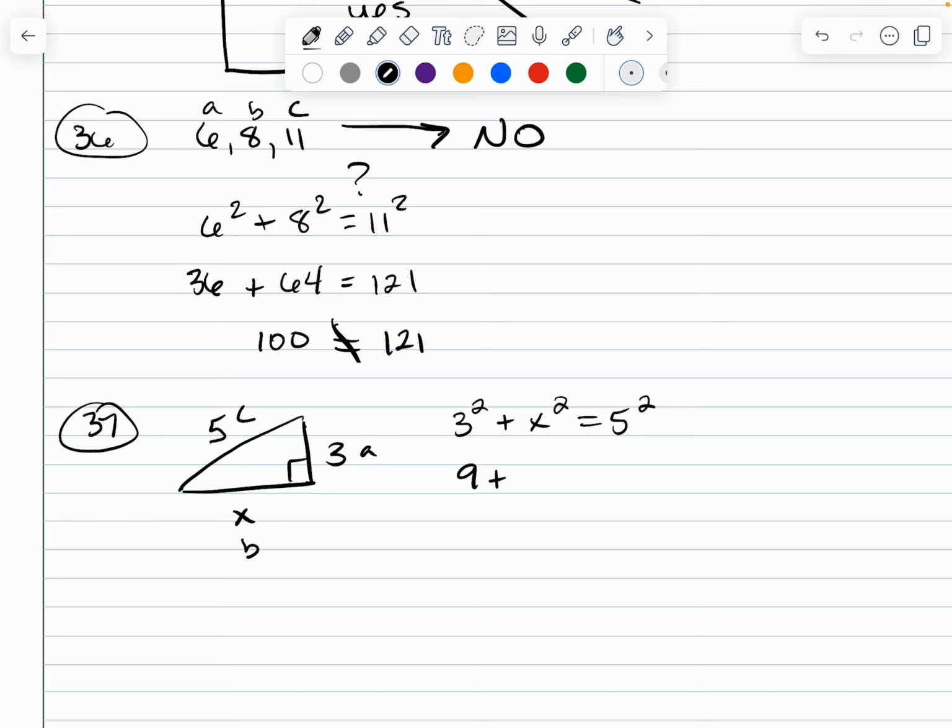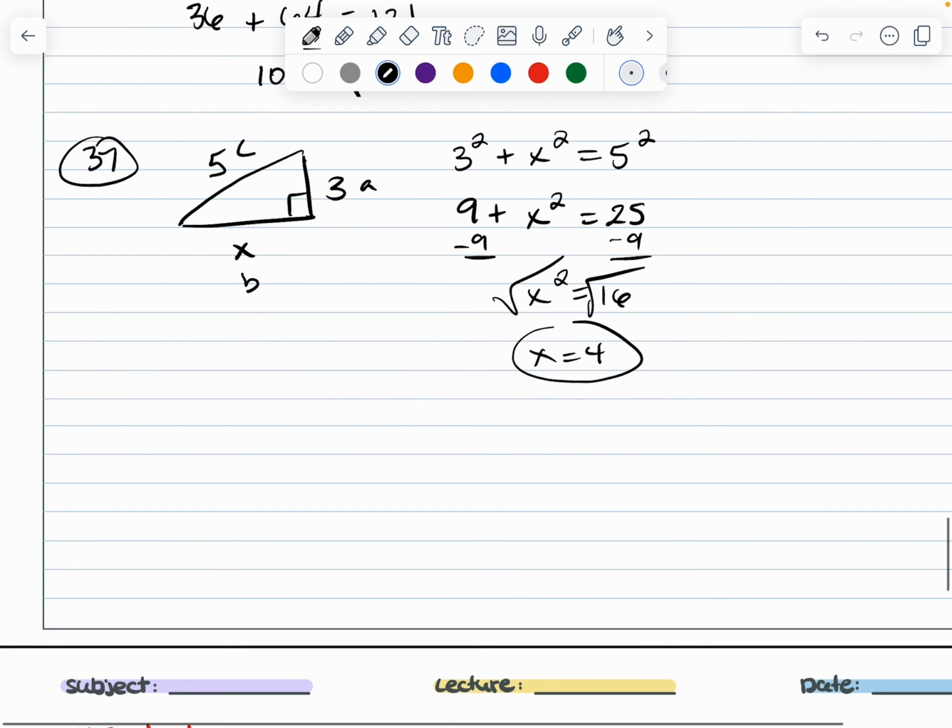So we have 3 squared is 9. 5 squared is 25. We got to subtract because we're solving for a leg here. X squared is equal to 16. What does x have to be? What times what will give me 16? Or take the square root of both sides, and x is equal to 4. So that is the missing side for us.